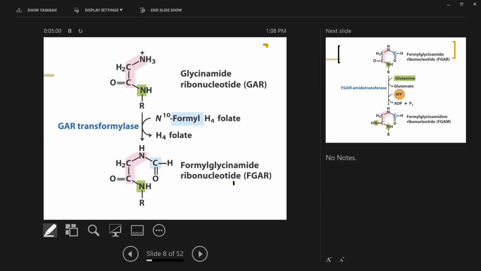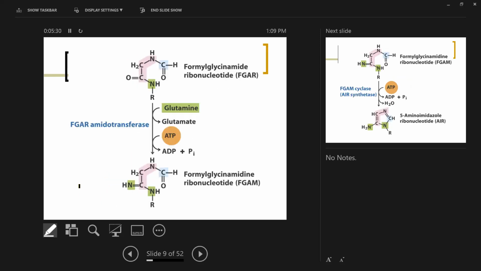And then FGAR is going to undergo another aminotransferase reaction. So see this ketone over here? See that one? That is ripe for transamination. Now remember, the nitrogens tend to come from glutamine. So that's what's going to happen.